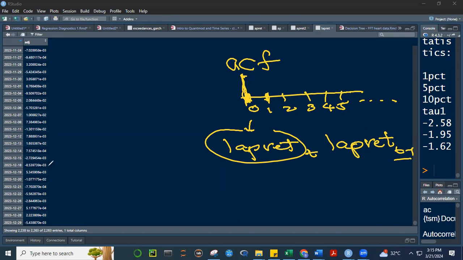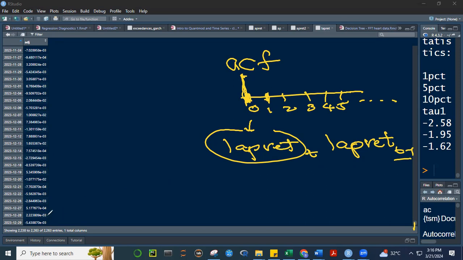It's very easy to compute because you're just getting the correlation between this time series. Assuming this is the last, this time series is the LAP-RET, and this is lag 1.